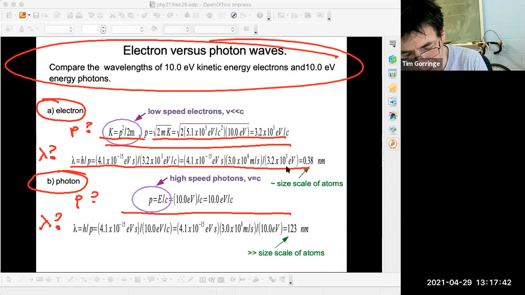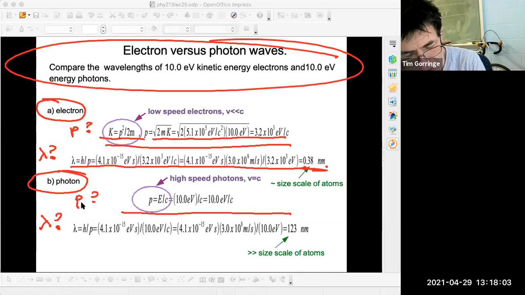Plug in all the values, and here's the wavelength of the electron. That comes out to be 0.4 nanometers. So that's the electron wavelength.